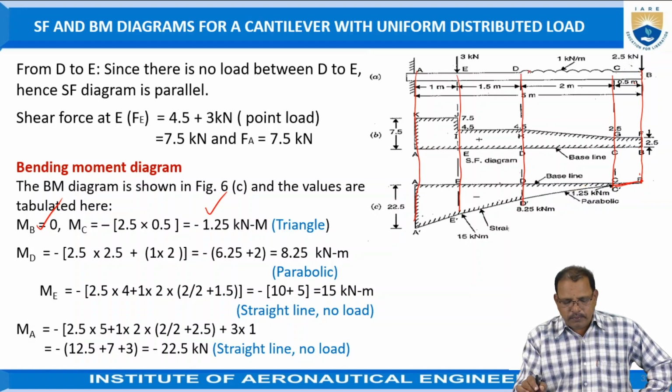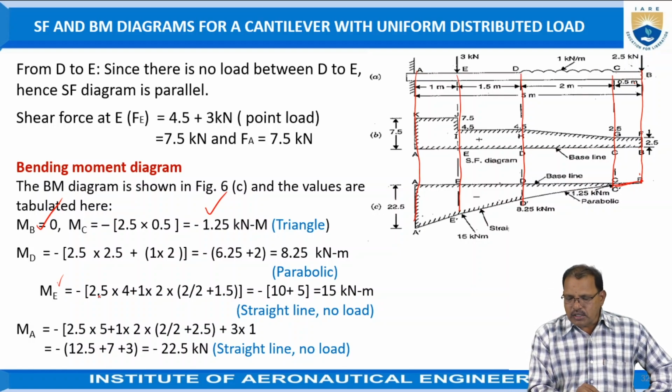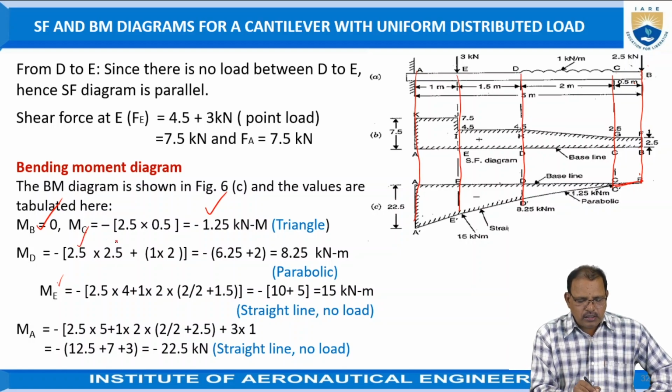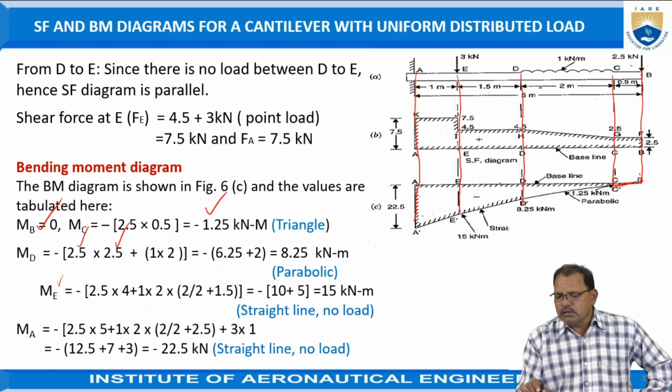Between C and D, uniformly distributed load is acting. So the bending moment at point D is equal to the effect of the point load as well as the uniformly distributed load. The point load is 2.5, the distance is 0.5 plus 2, that is 2.5, plus the effect of uniformly distributed load.